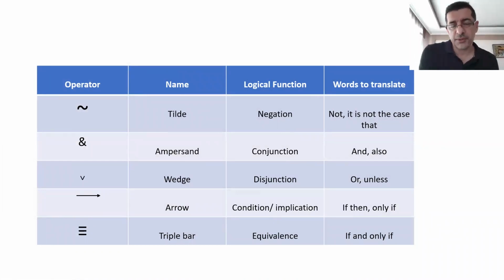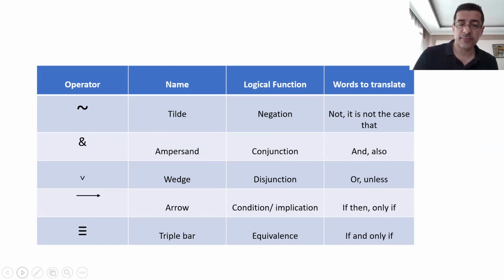If you recall, this is the table we had in our previous video. We have a number of operators and their logical function. The operator tilde was used for the logical function of negation. Ampersand was used for the logical function of conjunction.